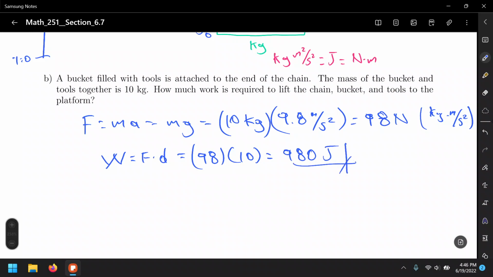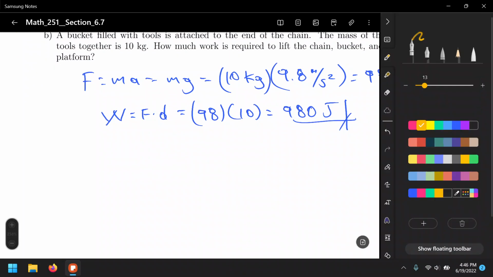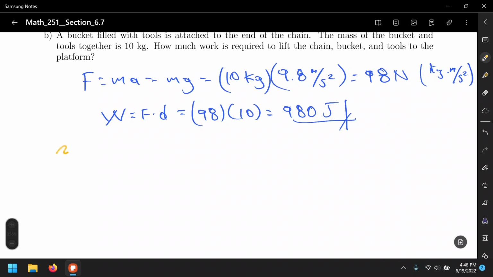Of course, because they're asking us for the total amount of work, the total work equals the chain plus the bucket with tools.